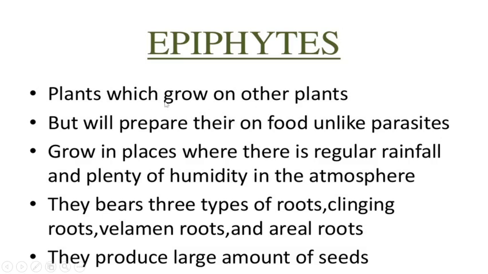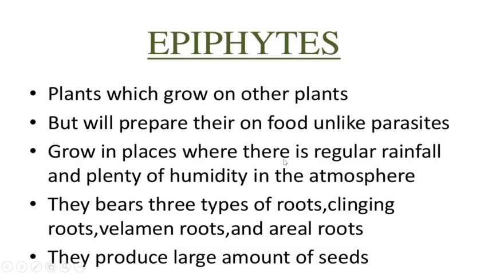Epiphytes grow on other plants but prepare their own food, unlike parasites. That means they have green colored leaves. They prepare their food material, and absorb moisture from the environment, as well as some epiphytes directly from the host plant.